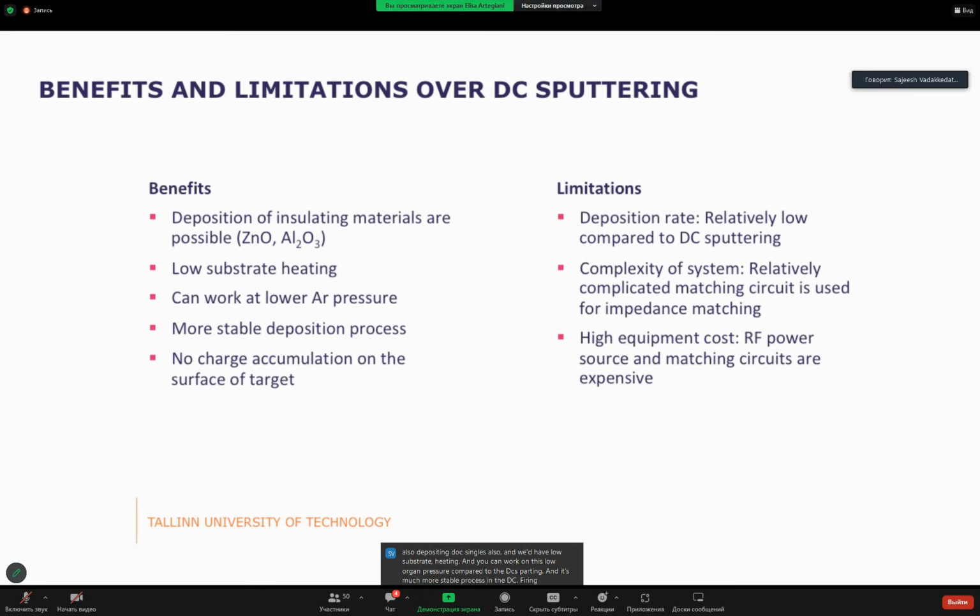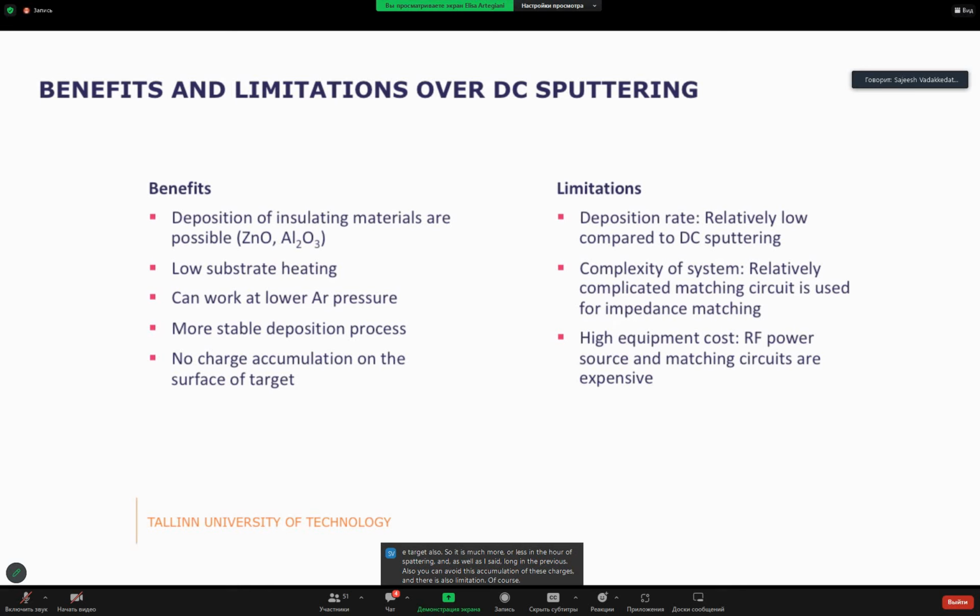There is a term called arcing, which happens if you have non-uniform sputtering, and this will affect the target also. It is much less in RF sputtering, and as I said previously, you can avoid this accumulation of charges. And there are also limitations, of course.